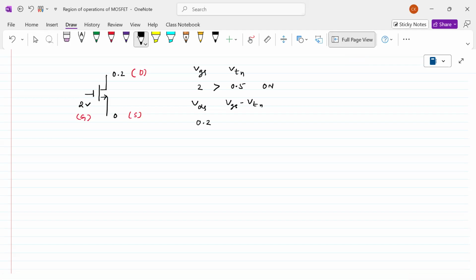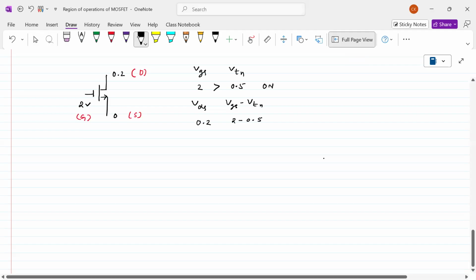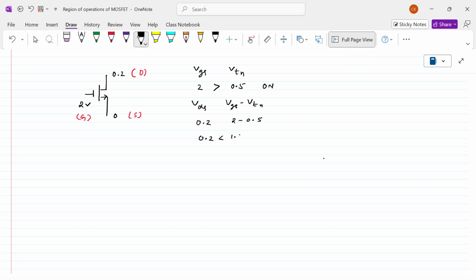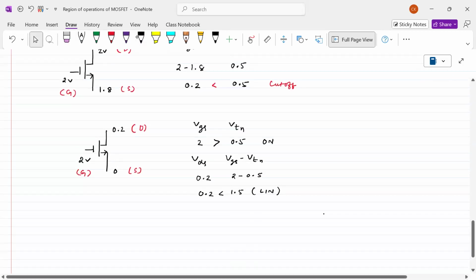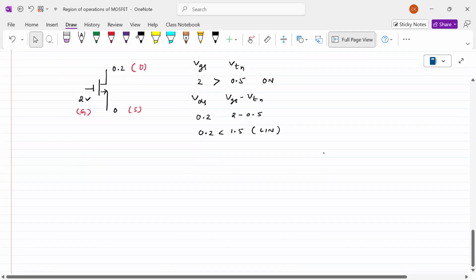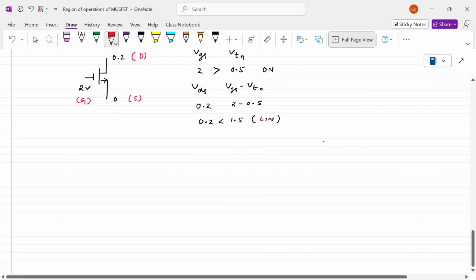The drain to source potential is 0.2. What is the gate to source minus threshold? 2 volts minus 0.5, which is 1.5. 0.2 is less than 1.5. Therefore, it is in the linear region. Agree? Okay, right, so it is linear.